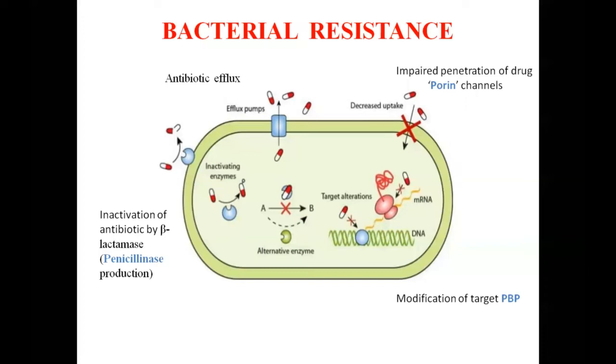Then we have also seen about the porin channels. There are certain gram-negative bacteria which have porin channels, and these are formed by specific proteins located on the outer membrane.